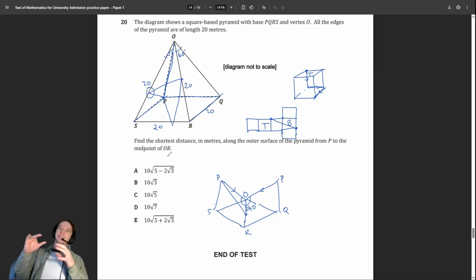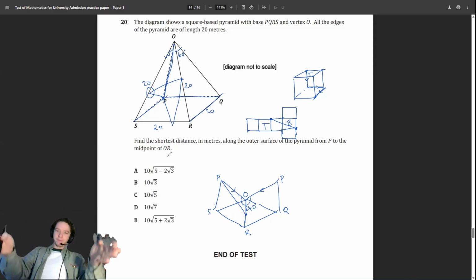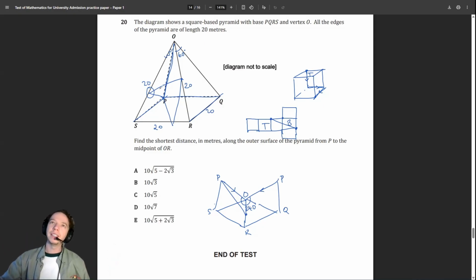Because if a curve is very curvy, then it links two points in not a very efficient way, right? You want the curve to be as straight as possible. That would be the shortest one, and you want the curvature to be as little as possible. And that seems to be good because the curvature around that corner is not that much.